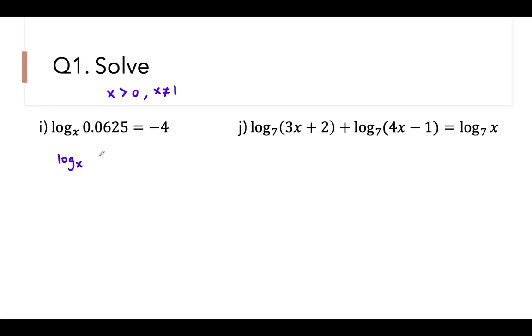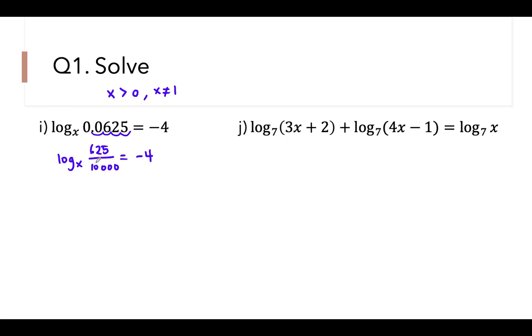So log base x of 625 over 10,000 equals negative 4. If you're not sure how to change it, all you can do is take the number divided by 10 to the number of decimals. In this case, 1, 2, 3, and 4, so you divide it by 10,000.